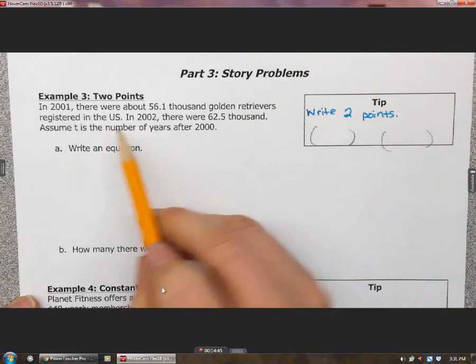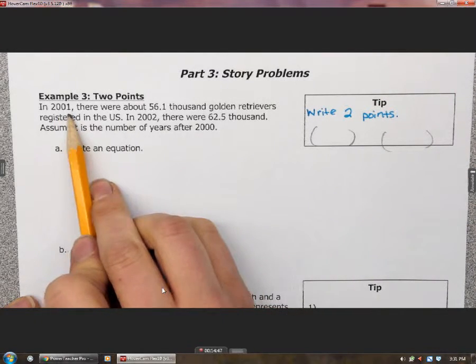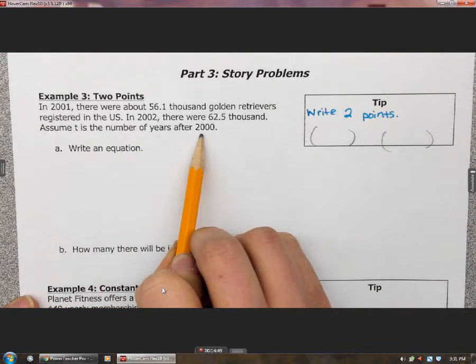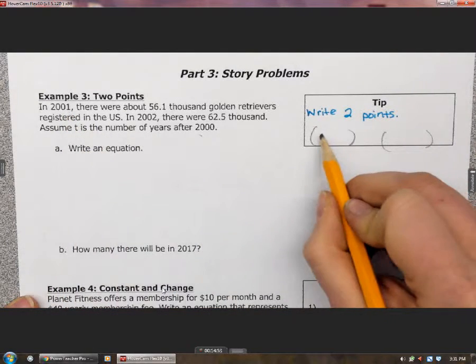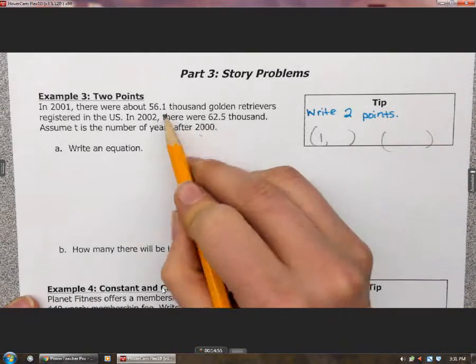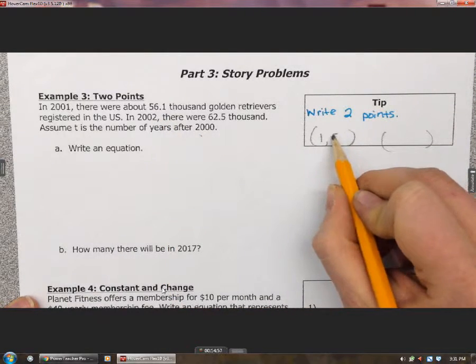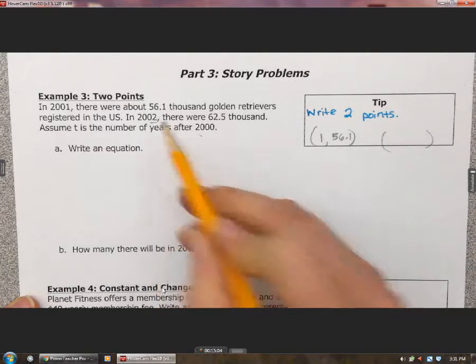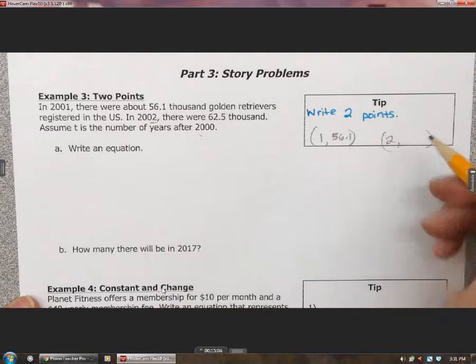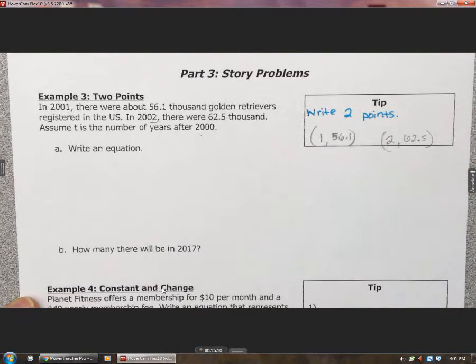The 2 points that they give us, well, they told us in 2001. T is the number of years after 2000. So what would my x value be, or my t value? Would just be 1. And I'm just going to use 56.1. You could make it into the thousands. It's fine either way. In 2002, guess what? That'll be my 2 value. There were 62.5 thousand. Those are my 2 points.